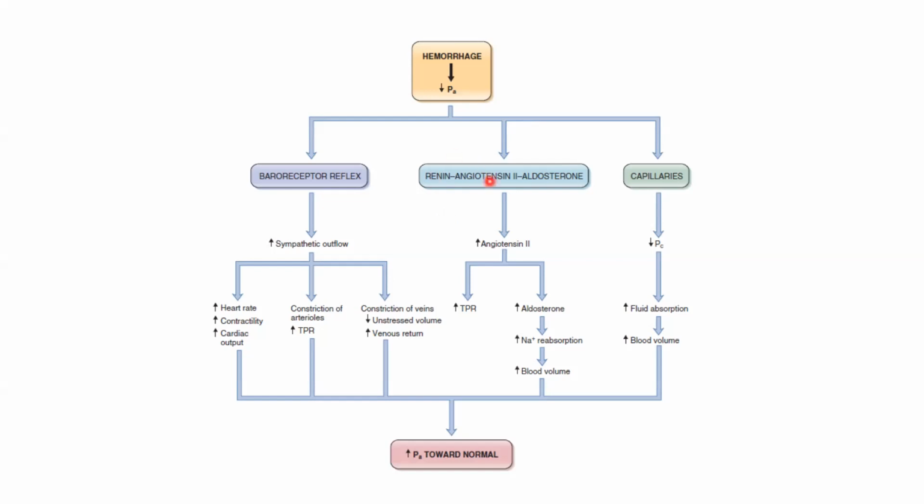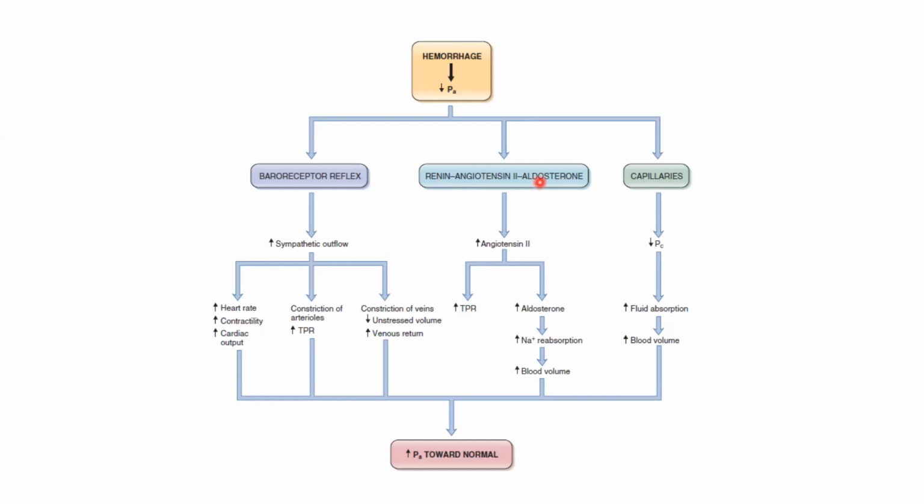Renin will then eventually lead to production of angiotensin II. Angiotensin II has two main effects. One is to increase the total peripheral resistance because it's a vasoconstrictor, and by this it increases the blood pressure directly. And mark my words here, this is the direct effect of angiotensin II on blood pressure.